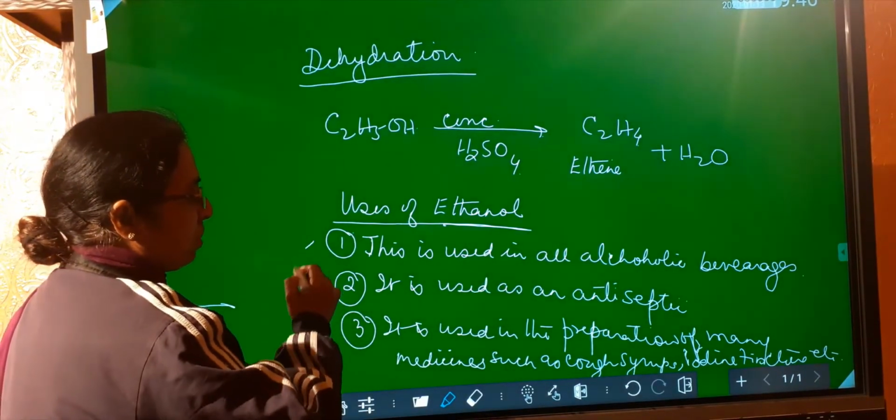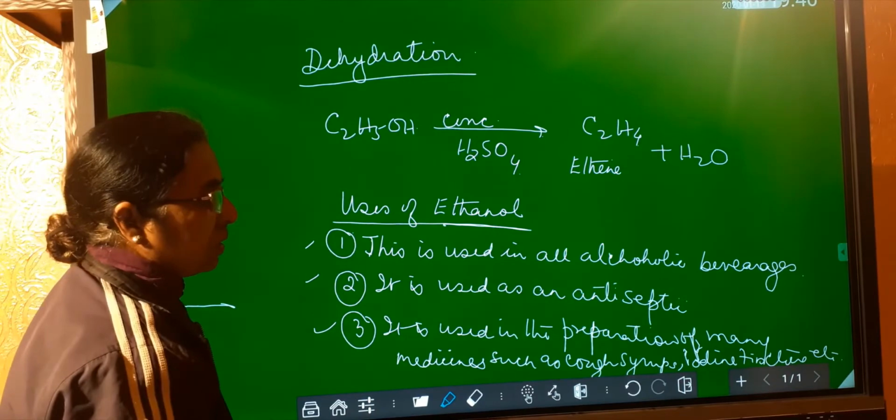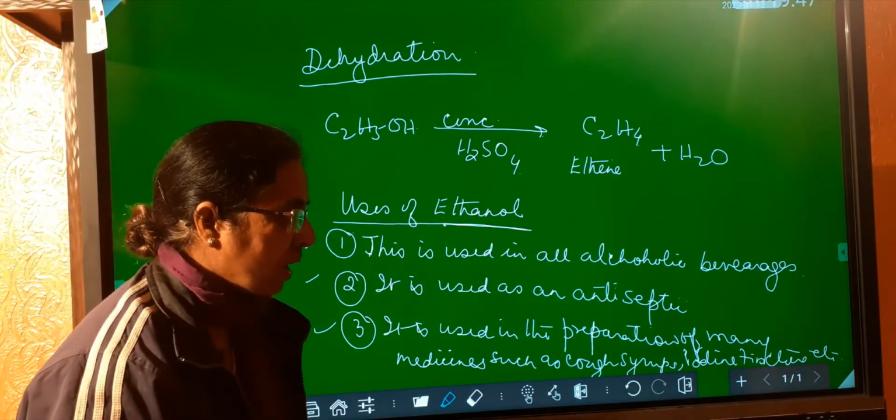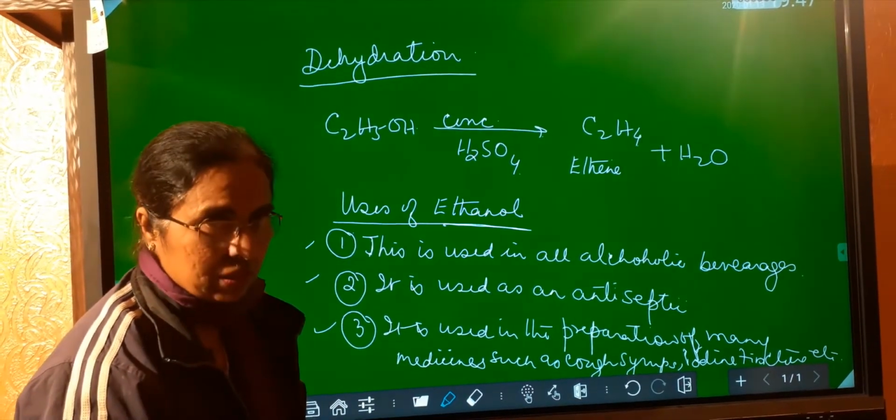So you should remember the uses of ethanol, that this is used as an antiseptic also. It is used for the preparation of cough syrups and iodine tincture, etc.